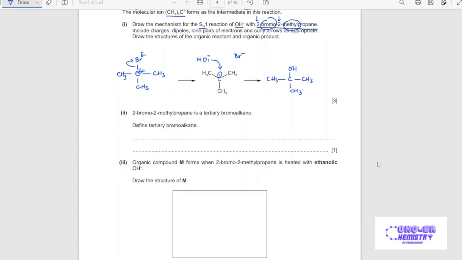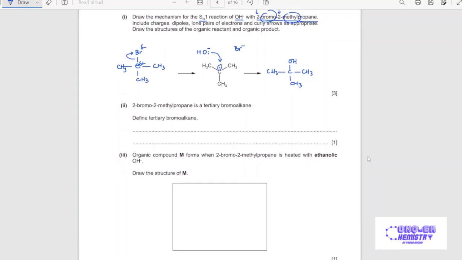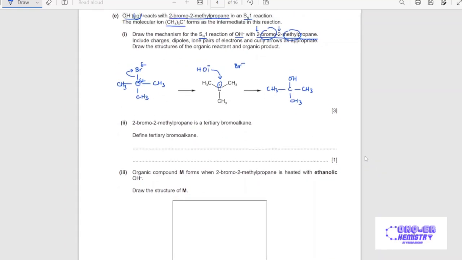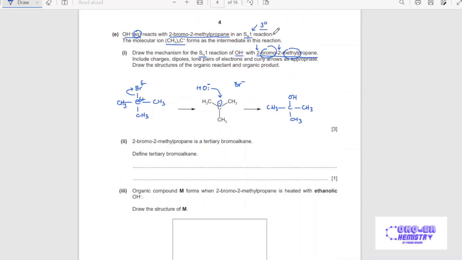Right. Now it says that 2-bromo-2-methylpropane is a tertiary bromoalkane. Yes, we already identified it over here. Define tertiary bromoalkane. All right.